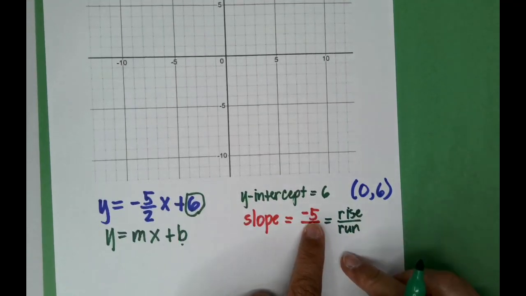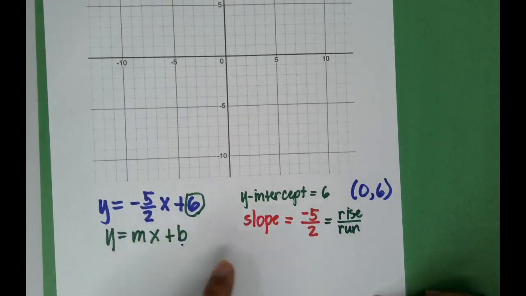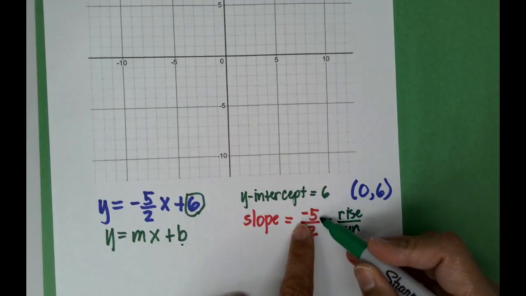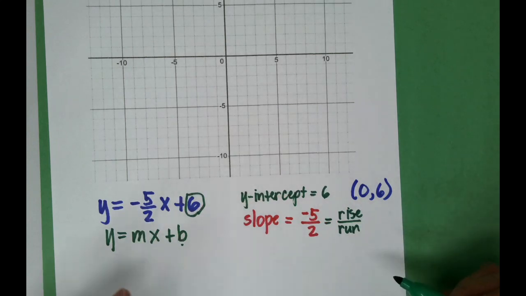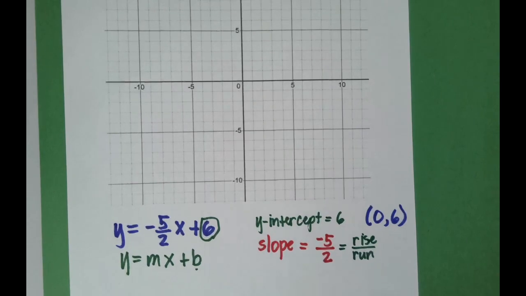If the rise is negative, it's going down. If the run is negative, it's going to the left. In this case, the slope is -5/2, so the rise is -5 and the run is +2.